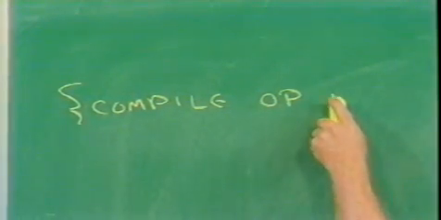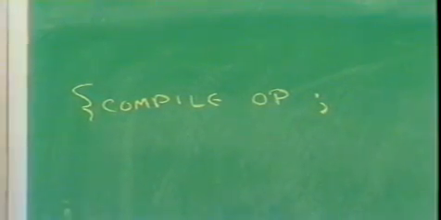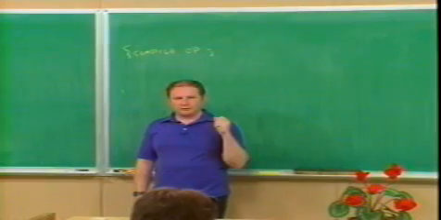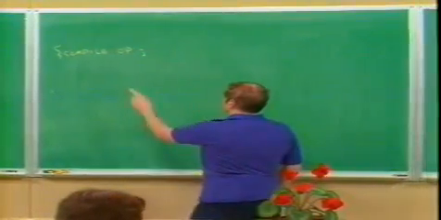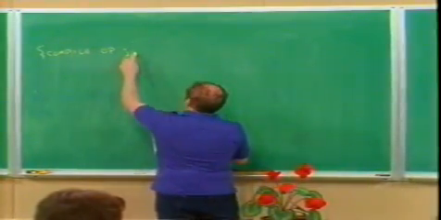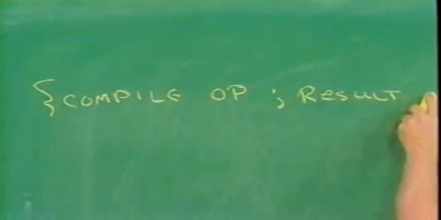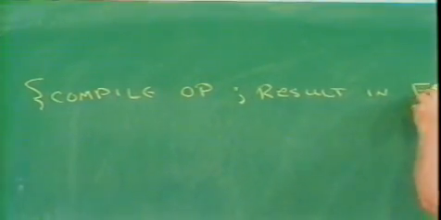And where I'm going to need that is to be in the function register eventually. So I'll compile some instructions that'll compile the operator and end up with the result in the function register.